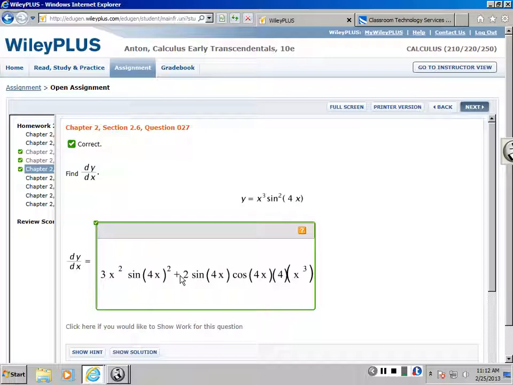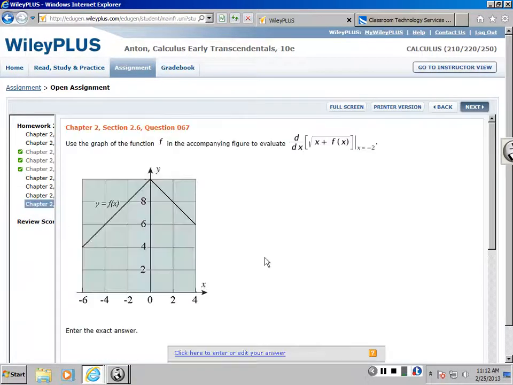Any other questions on 2.6? The last one with the graph? This is a good question, and let's look at this one. So this is 2.6, number 67. You're given this graph that says -2, -4, 2, 0, 2.